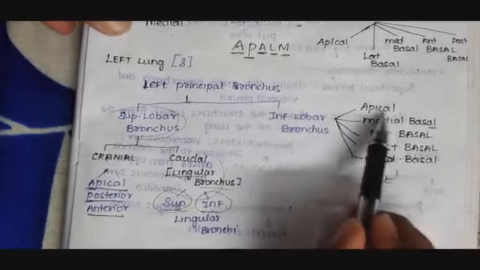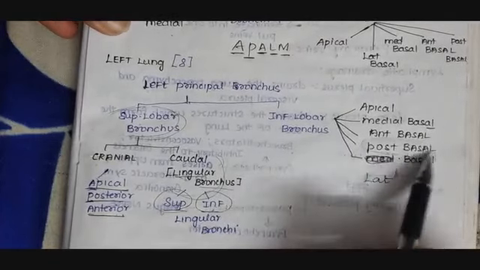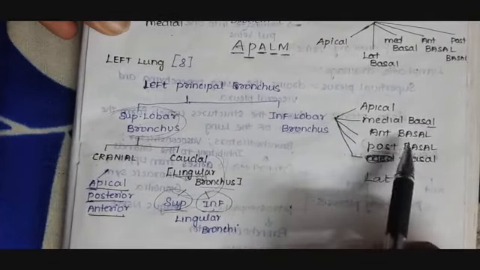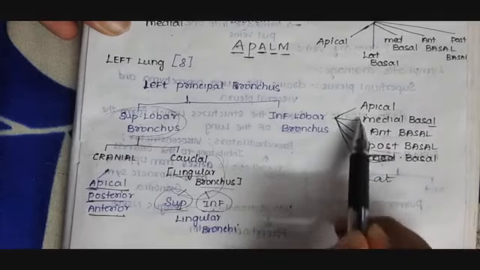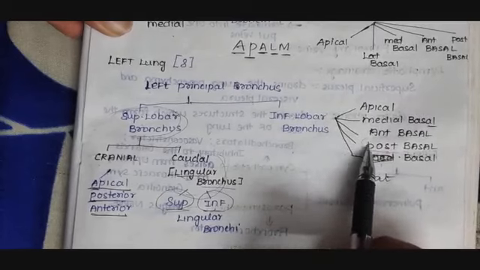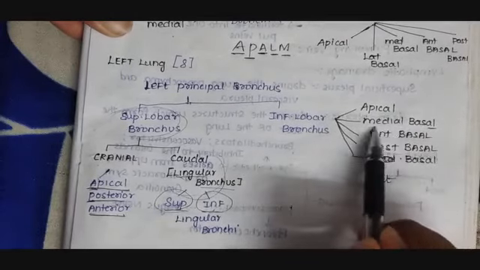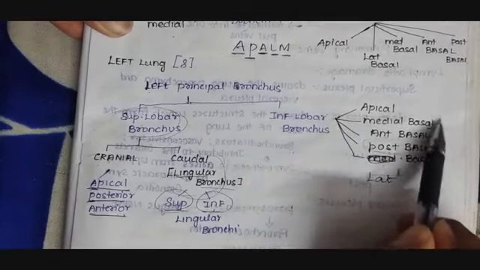Okay? So this apical and posterior arise from a common stem, hence we often call them together apico-posterior. Okay? And the medial basal is very small in space.